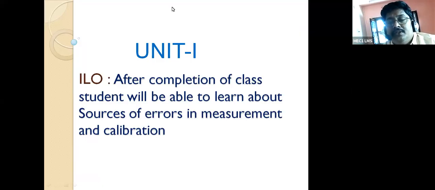In this generalized measuring system, three stages are there. One is the input stage, that is, a detector transducer stage. The second stage is the intermediate stage. The third one is the output stage.